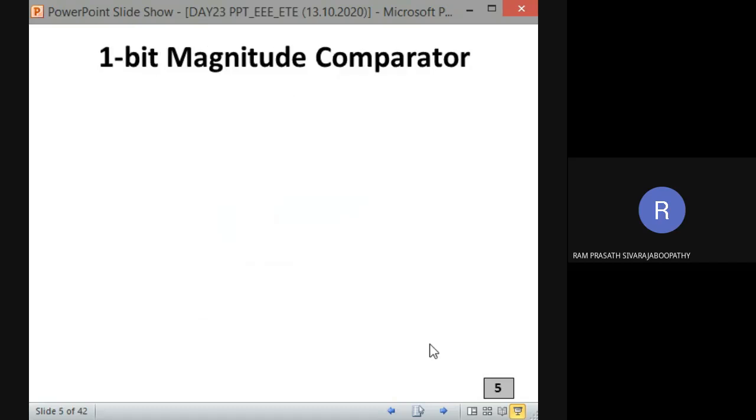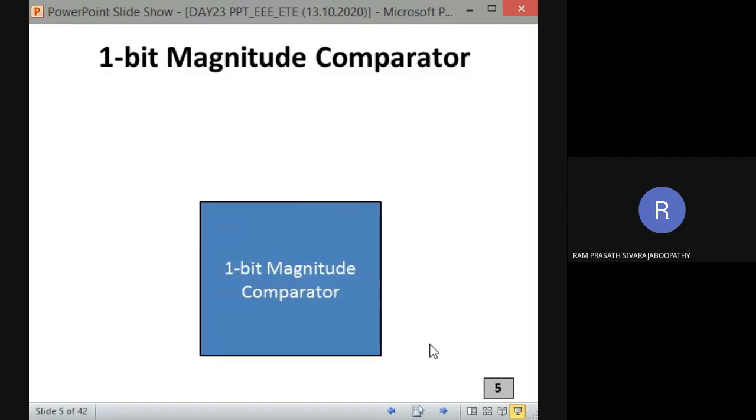Now we will design a 1-bit magnitude comparator. A is going to have 1-bit data, B is going to have 1-bit data, so we simply denote them as A and B. Here I have used a simple arrow, a normal arrow, that indicates each is 1 bit.